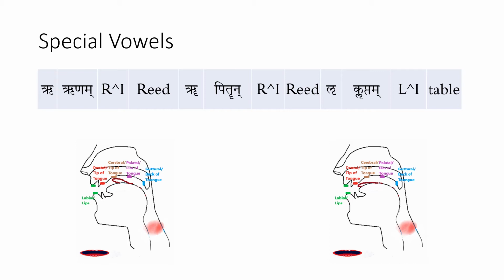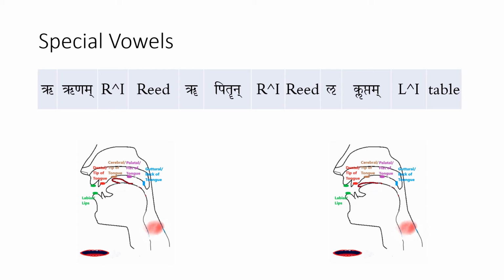But if you look at the position, it is a cerebral sound, and the actuator is the tip of the tongue. The tip of the tongue is trying to constrict the air, but it is not touching the top, hard part of the oral cavity, which is also called the roof inside the oral cavity.